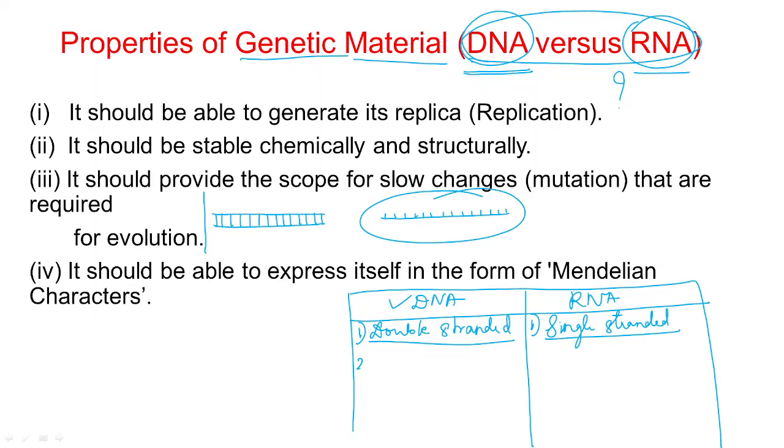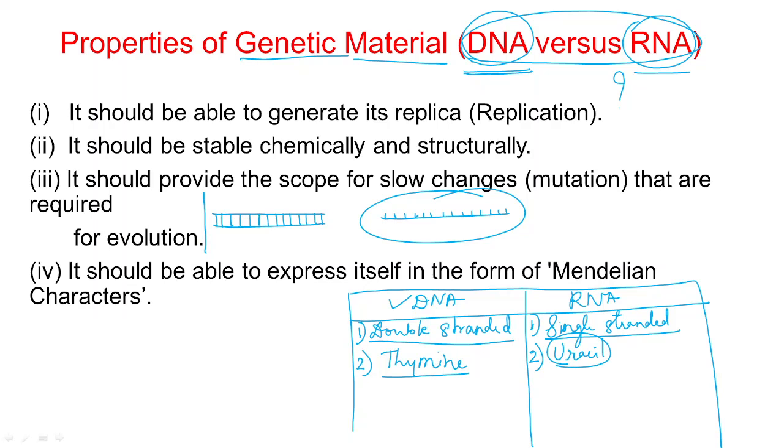Second point, DNA has thymine as its pyrimidine base. But in case of RNA, instead of thymine, the uracil is there. The presence of uracil will not give stability to the RNA.